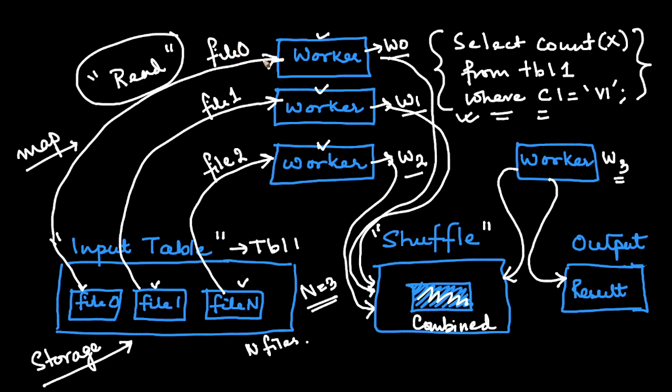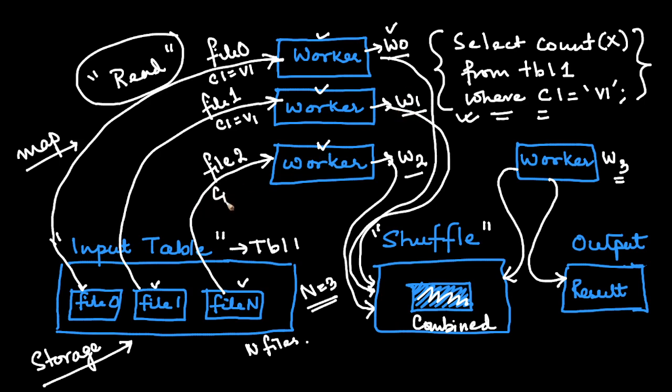So when we read file 0 by W0, W0 is also reading only the rows where C1 value is equal to V1. Again, for file 1, the C1 column value should be equal to V1, which will be read by worker W1.